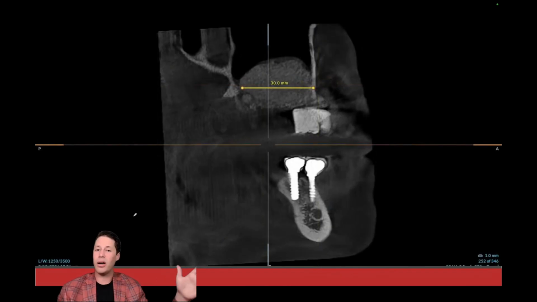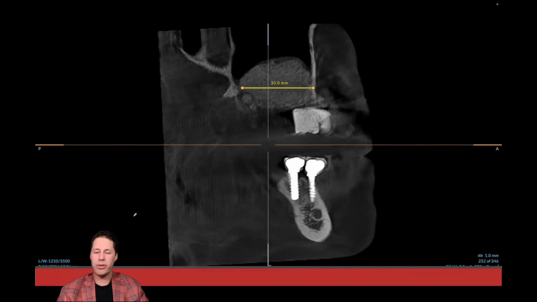And as you can see here, a lot of width, 30 millimeters of width gain. I placed about 8 cc's of bone graft at the time of the lateral window sinus technique.